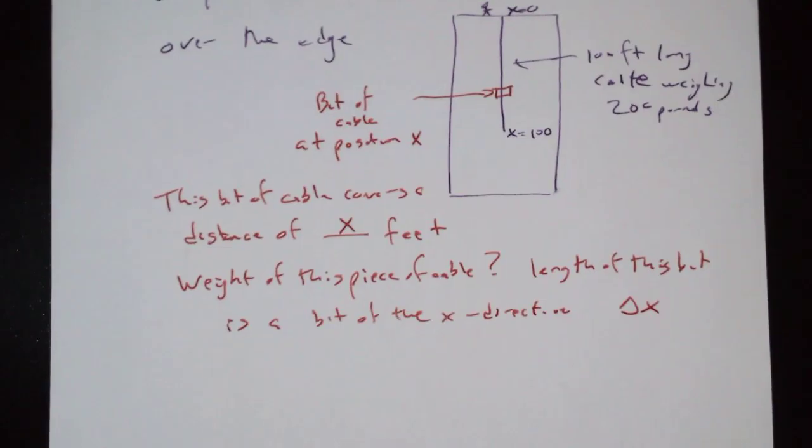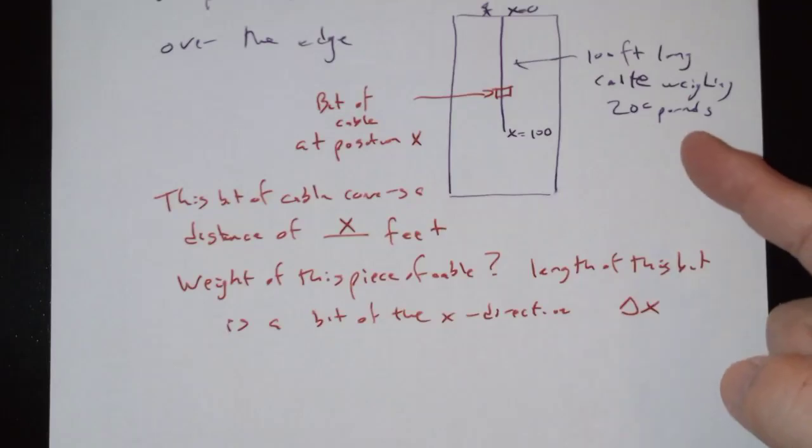That's in feet. I want pounds. How much does a foot of the cable weigh? 200 pounds for 100 feet.